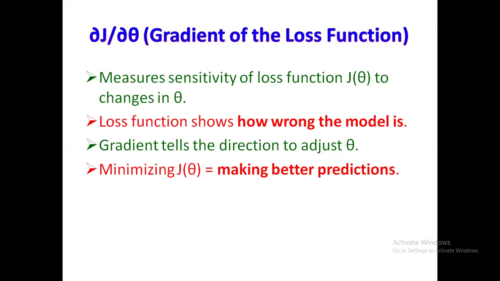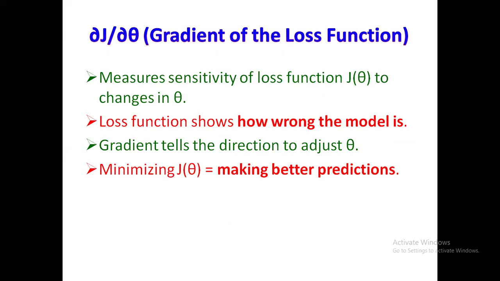The loss function, denoted as J of theta, quantifies the difference between the model's prediction and the actual outcome. A higher value of J implies that the model is performing poorly. By computing the gradient, we gain insight into how to adjust each parameter theta in a way that would reduce the error. This adjustment is central to the learning process as it guides the model in the right direction to minimize its mistakes and improve its predictions.